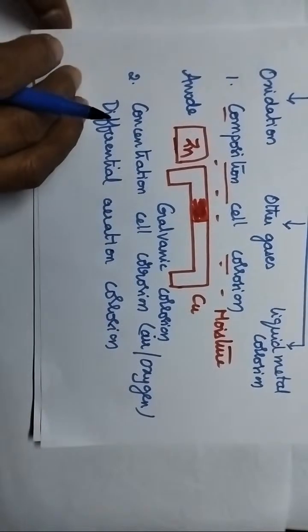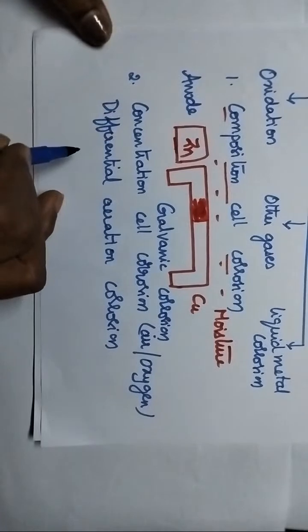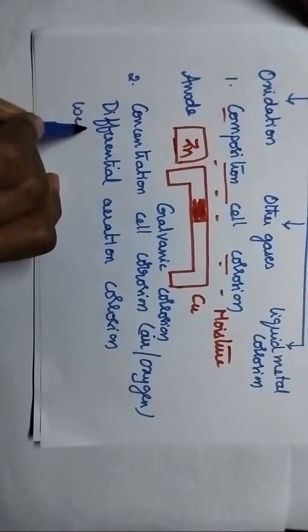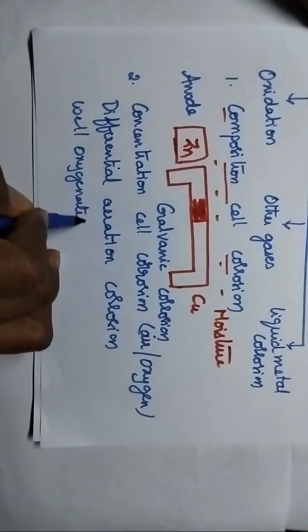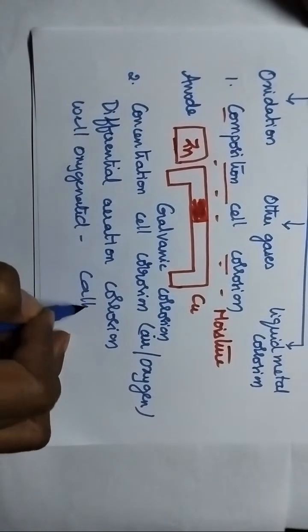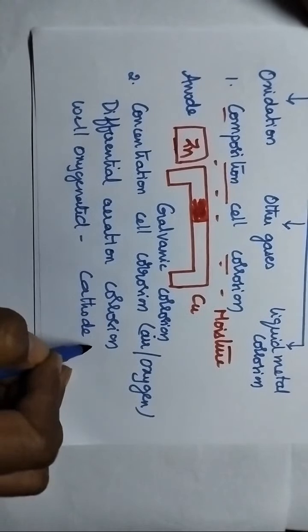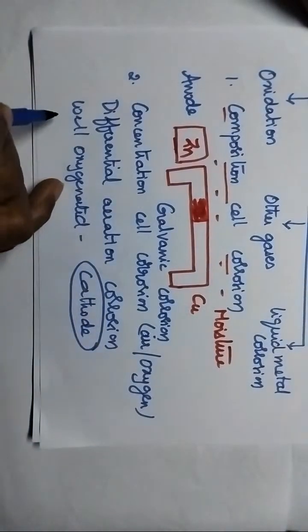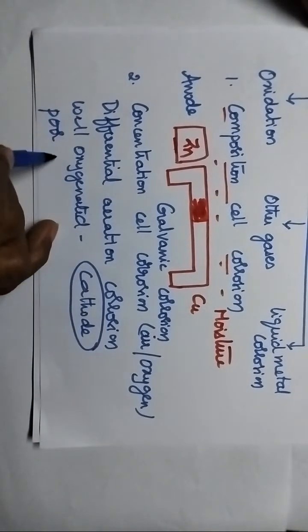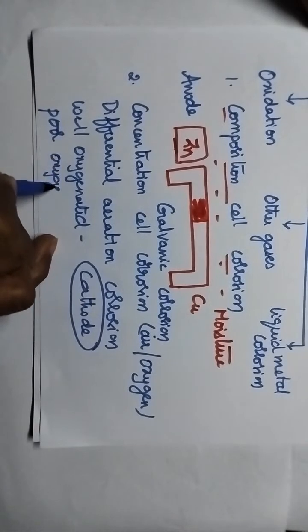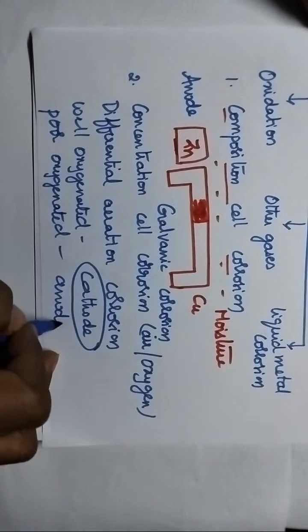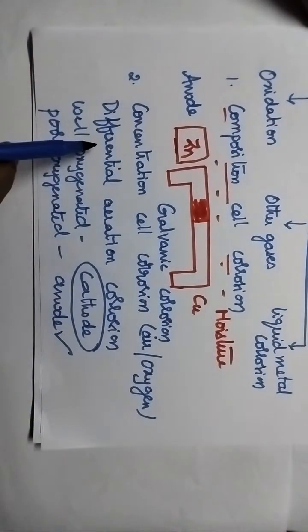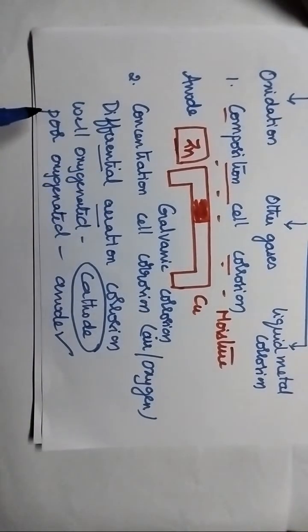In differential aeration corrosion, the well oxygenated parts will act as cathode and be protected from corrosion, whereas the poorly oxygenated parts will act as anode and undergo corrosion.